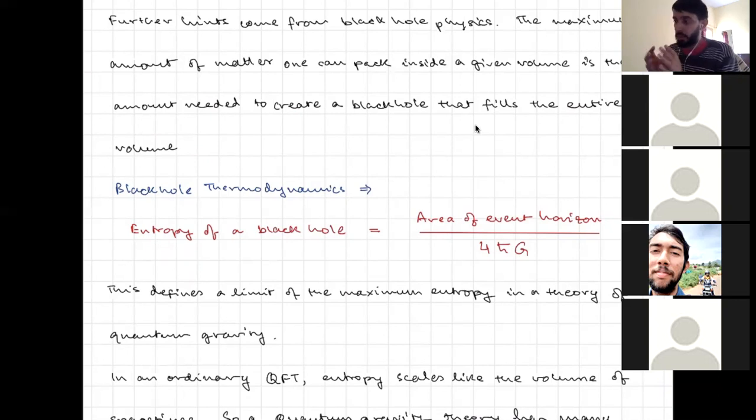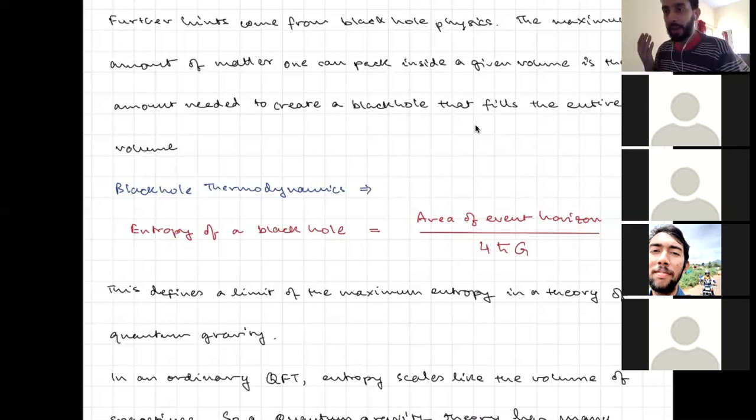There is nothing denser than a black hole. So if a certain volume of space-time is filled up by a black hole, that gives an upper bound on the amount of matter that you can fill up a region of space-time with.